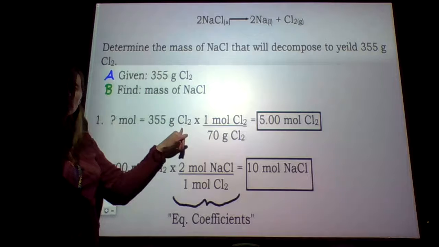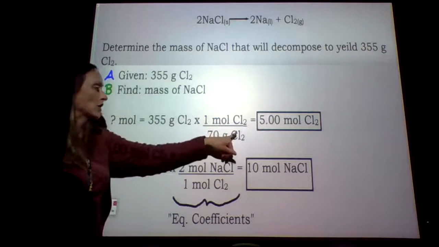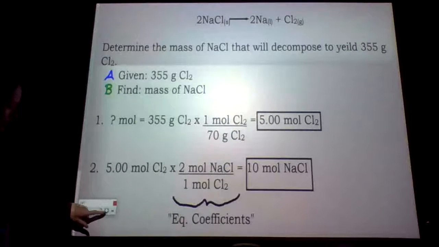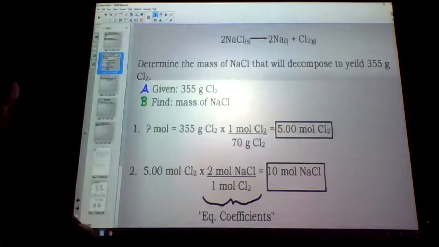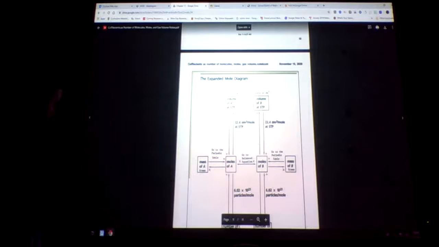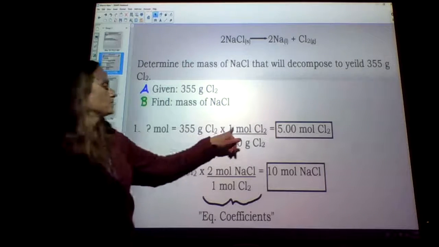If we want grams of chlorine to cancel, that's going to go in the bottom of our equality. And looking at your mole diagram, we go from mass of A to moles of A. So moles of A will go in our problem right here.